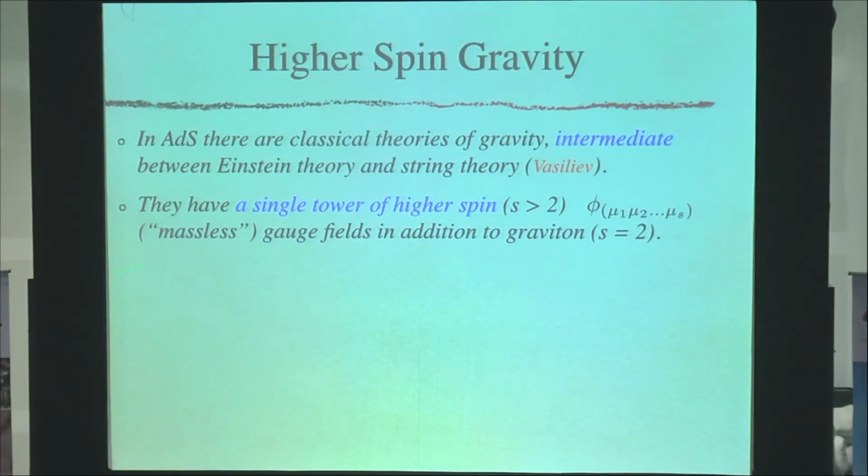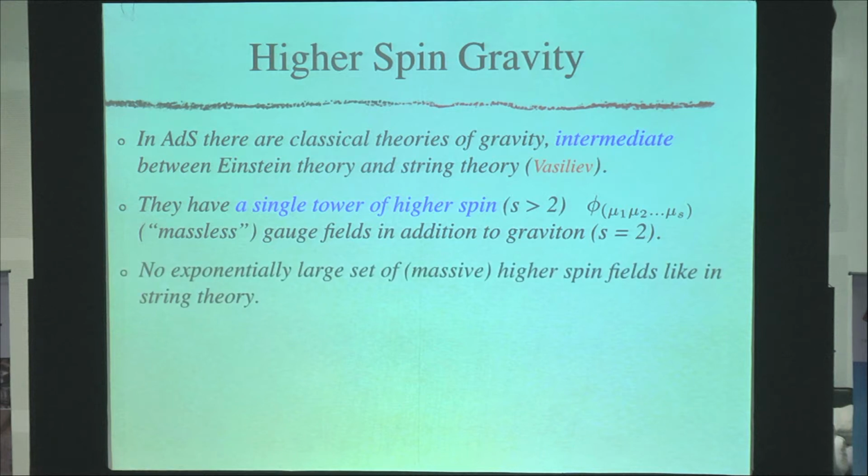You can think of them as massless gauge fields, in addition to the S equal to 2 case, which is the graviton. And this is unlike string theory, in which there are higher spin fields, but firstly their number grows exponentially, and they are usually massive.